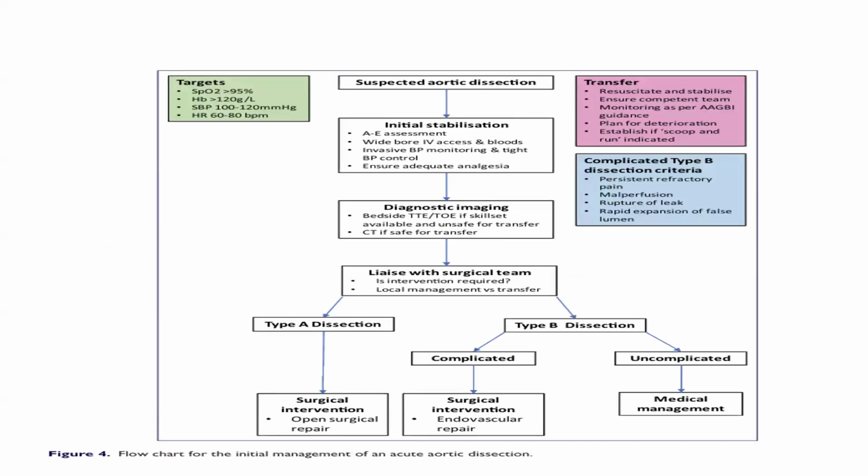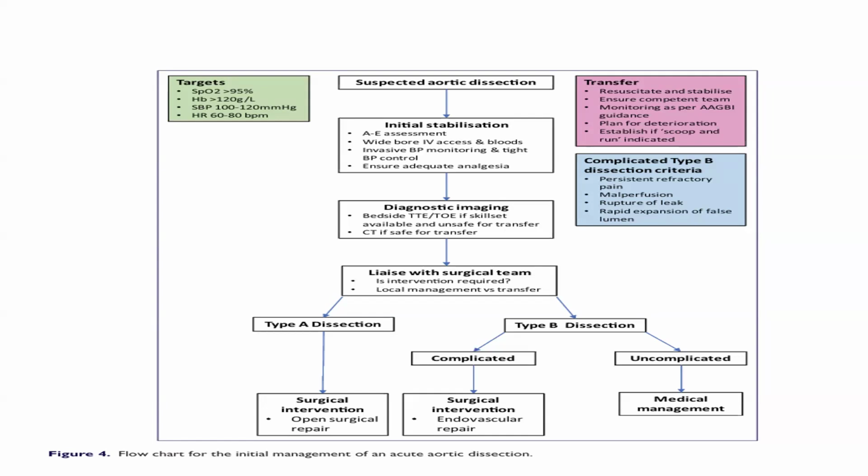This is the algorithm of management of aortic dissection. Suspected aortic dissection: initial stabilization, first head-to-toe assessment, wide bore IV access for blood, invasive BP monitoring and tight BP control, ensure adequate analgesia, then diagnostic making, bedside echocardiography if skill set available and unsafe for transfer, CT if safe for transfer.